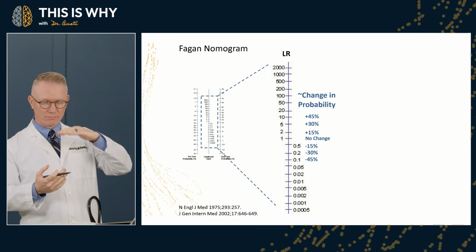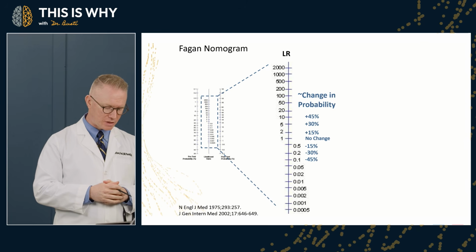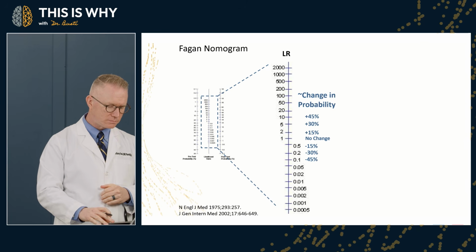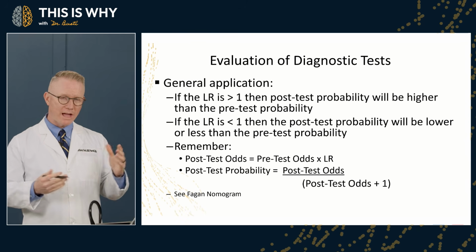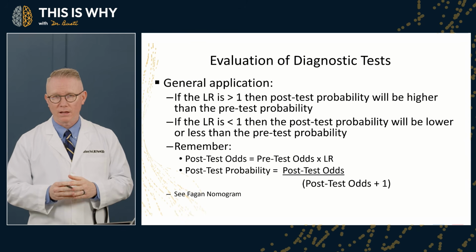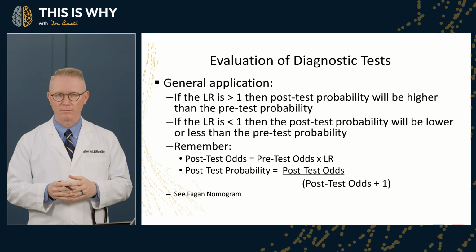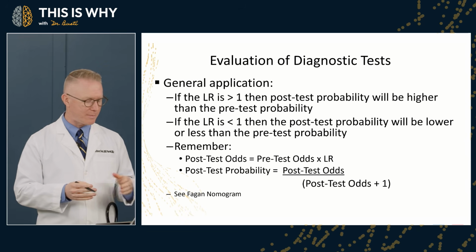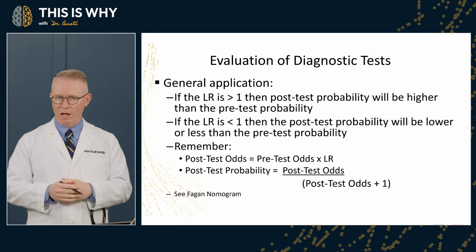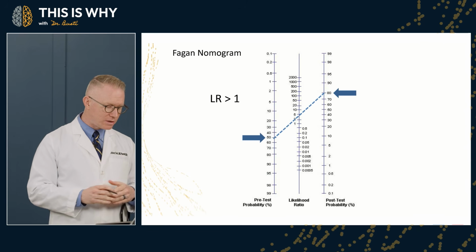And going down, again, the difference is by 15% at each level. Okay? So when the LR is greater than 1, the post-test probability is likely going to be higher than the pre-test probability. If it's less than 1, then it's going to be lower. Okay. So let's look at an example.